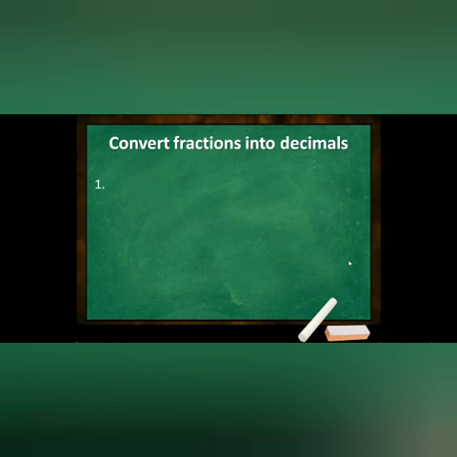Now we'll convert fractions into decimals. 2 upon 5. So now for this fraction you should have the denominator as 10. Now here the denominator is 5. So to get 10, with which number will you multiply? Yes, you will multiply with 2.